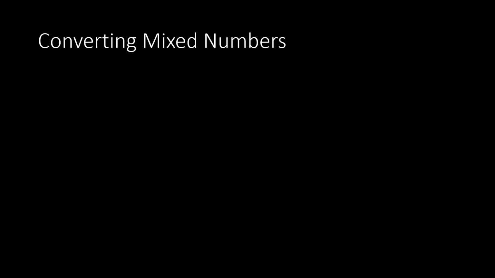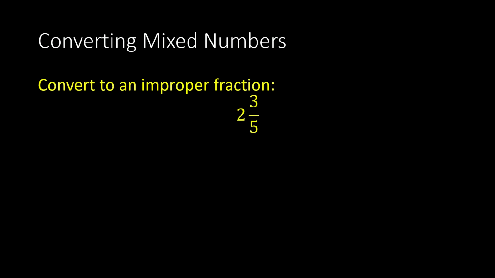To convert a mixed number back into an improper fraction, multiply the whole number by the denominator, then add the numerator, and keep the same denominator. Let's take a look at an example. We're going to convert 2 3/5 to an improper fraction. 2 times 5 equals 10.